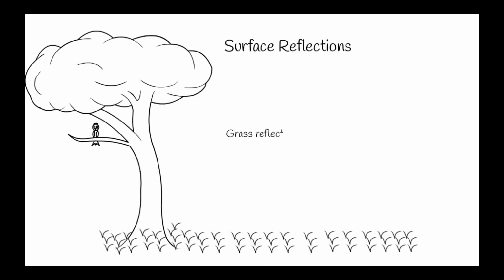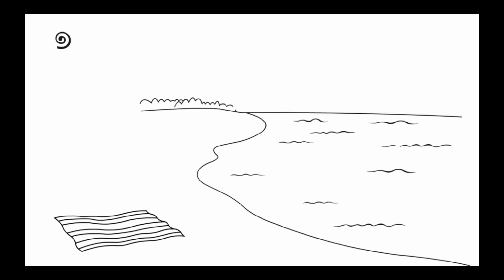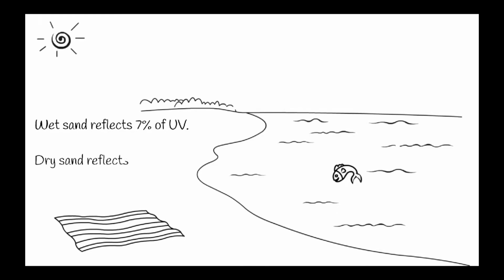Surface reflections. Grass reflects about 2% of UV during summer and 5% during winter. Next, we look at the surface reflection by the sun. Wet sand reflects 7% of UV, dry sand reflects 18% of UV.